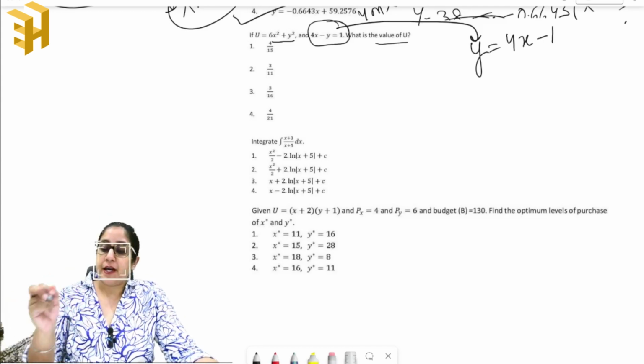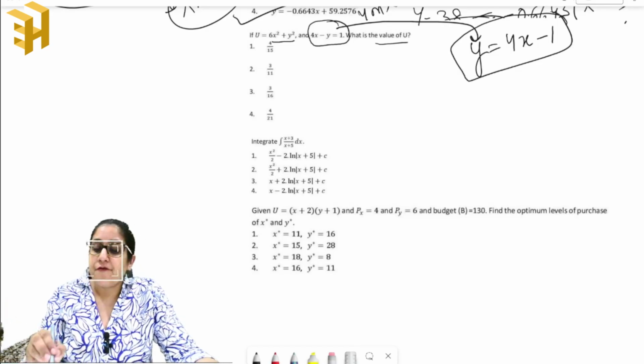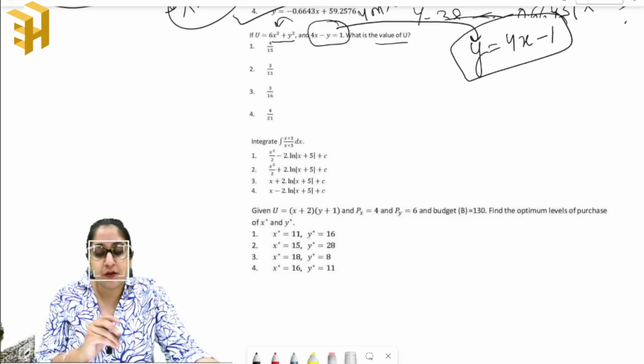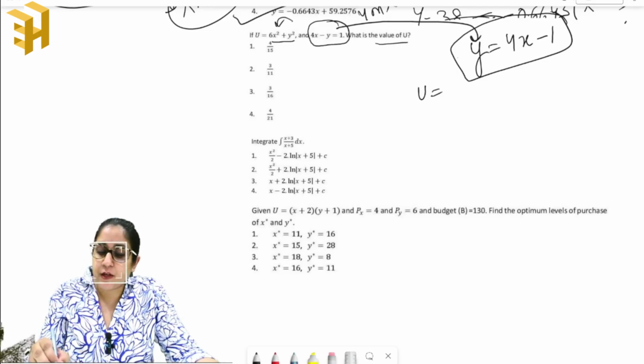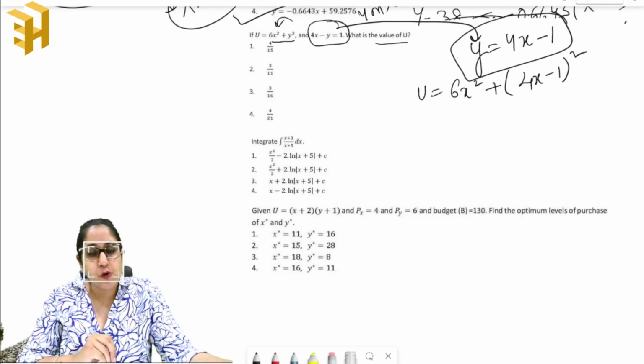Now that we have the value of y in terms of x, we can substitute it in our u equation. So u is equal to 6x square plus (4x minus 1) the whole square. Isn't it true?